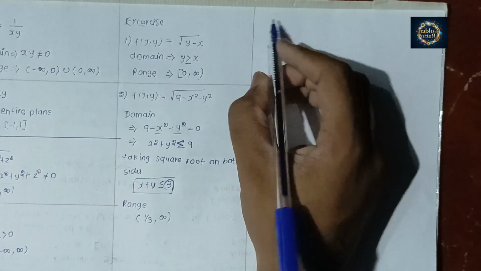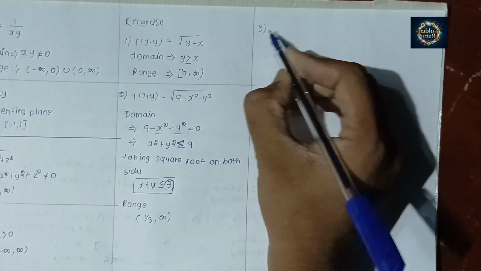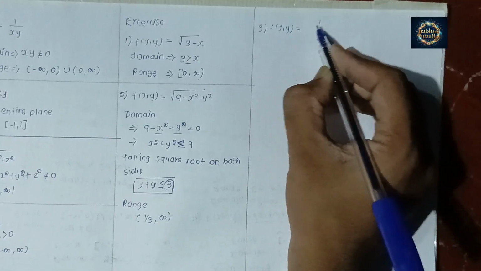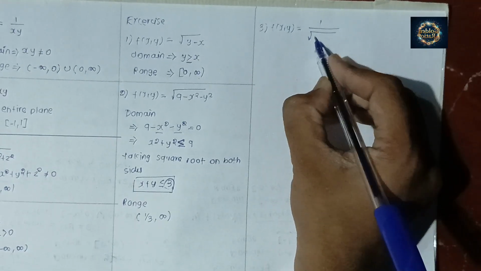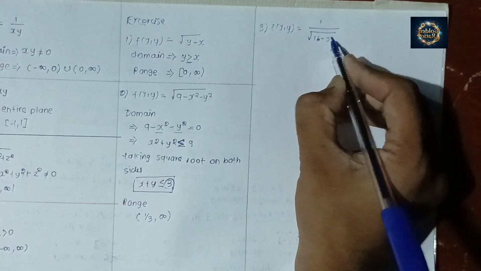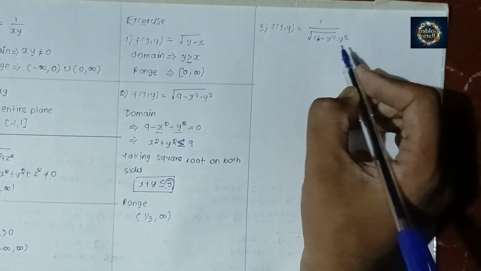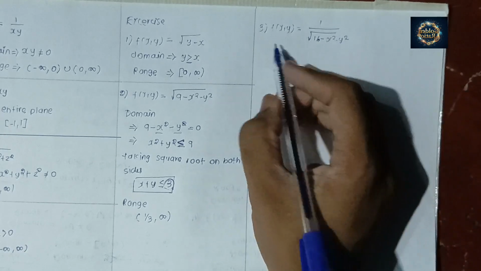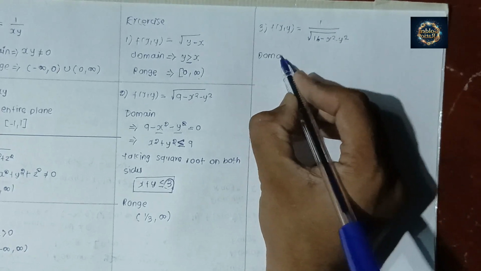The last question in the exercise, which is also very important. F of x, y is defined as 1 divided by the square root of 16 minus x square minus y square. It is similar to our second question in the exercise. Here also, to find the domain, we need to solve this.